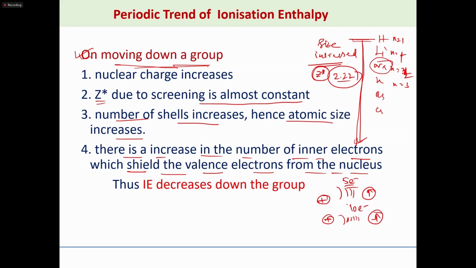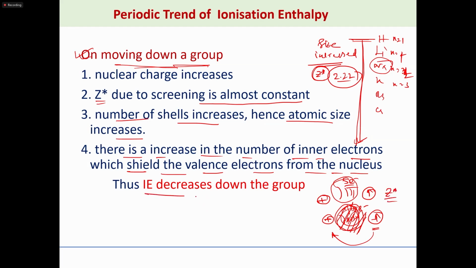Suppose there are 10 electrons. So these electrons shield the outer electron from the nucleus, and the attraction between this electron and the nucleus decreases. That's why Z star is constant.